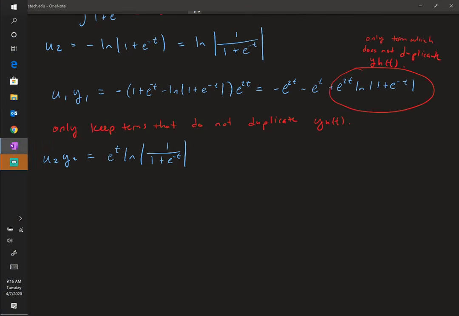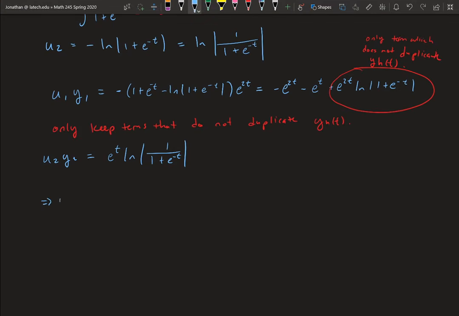So then our general solution, y of t, is going to equal c1 e to the 2t plus c2 e to the t plus e to the 2t natural log absolute value of 1 plus e to the negative t plus e to the t natural log absolute value of 1 over 1 plus e to the negative t.